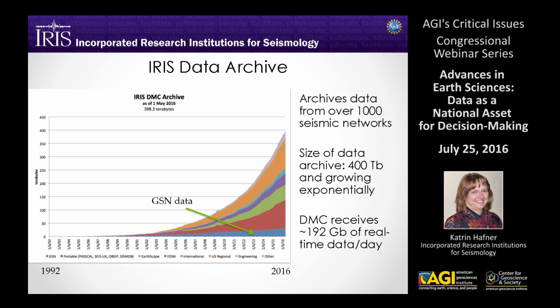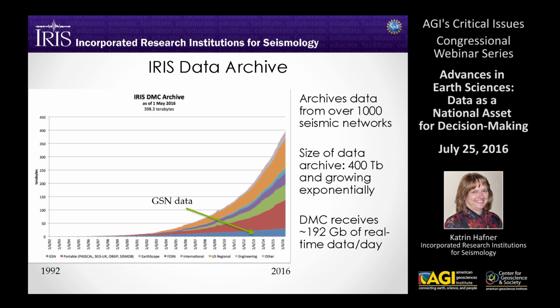Once the data is recorded, it's sent to the IRIS DMC facility in Seattle, Washington. In this plot, you can see how the archive has grown and how big it is; we're almost up to 450 terabytes. We archive not just GSN data there, but also a number of other networks, and we are getting data on a daily basis.